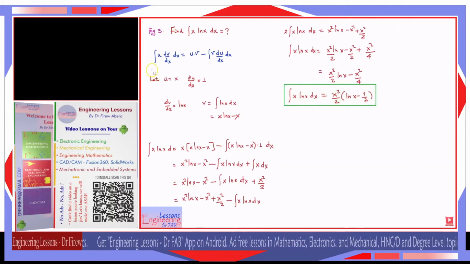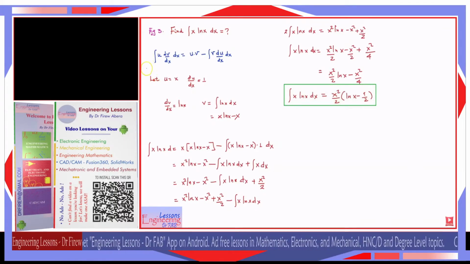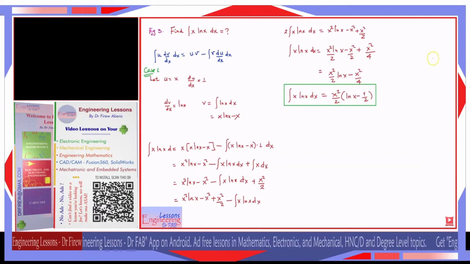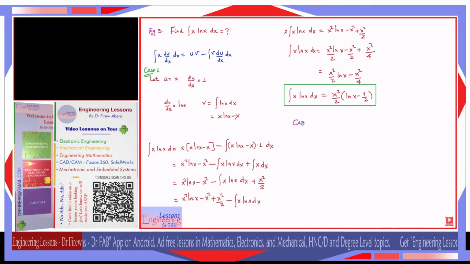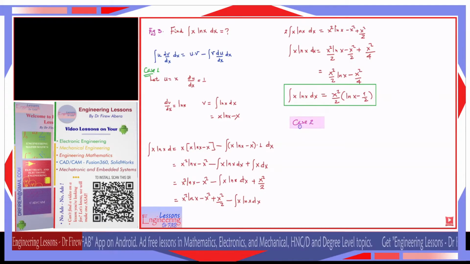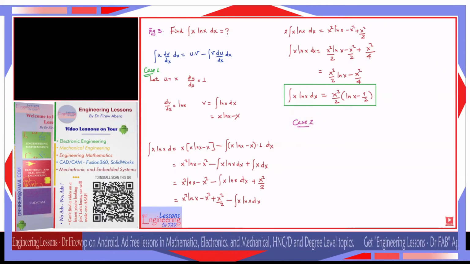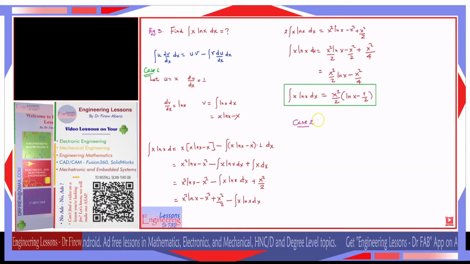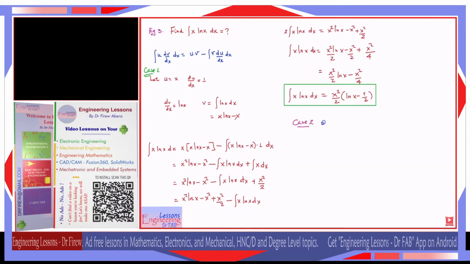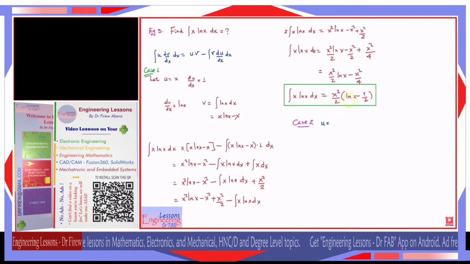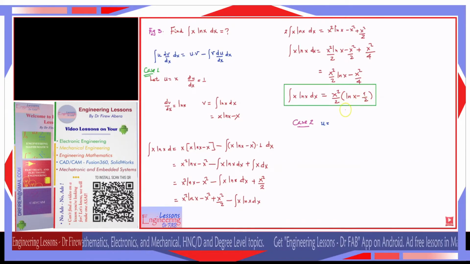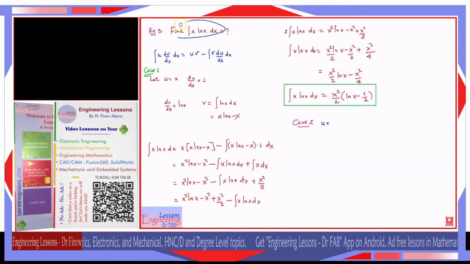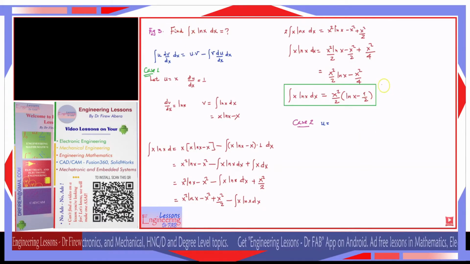Let's just call this case 1. So in the second case, case 2, we'll be assuming this time u to be not x but ln x. So remember, that is our original problem.